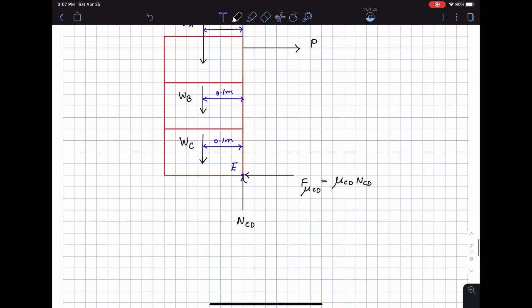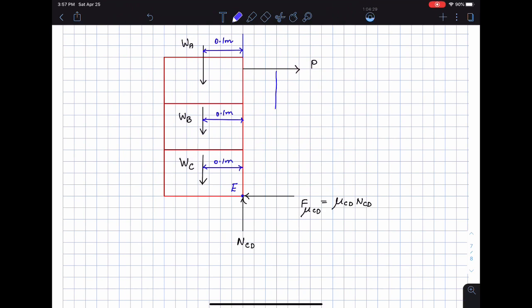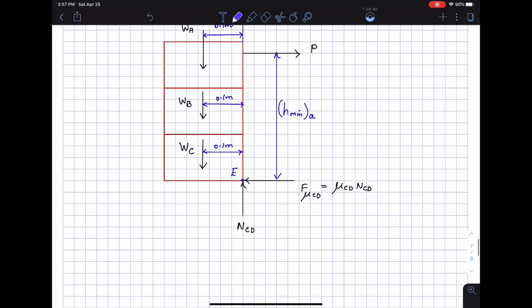Okay, so here is my statement. Of course, I have to draw a minimum height here, so I'm going to call that H minimum, H minimum for case A, which is where I'm saying all of them are on the verge of tipping and sliding.